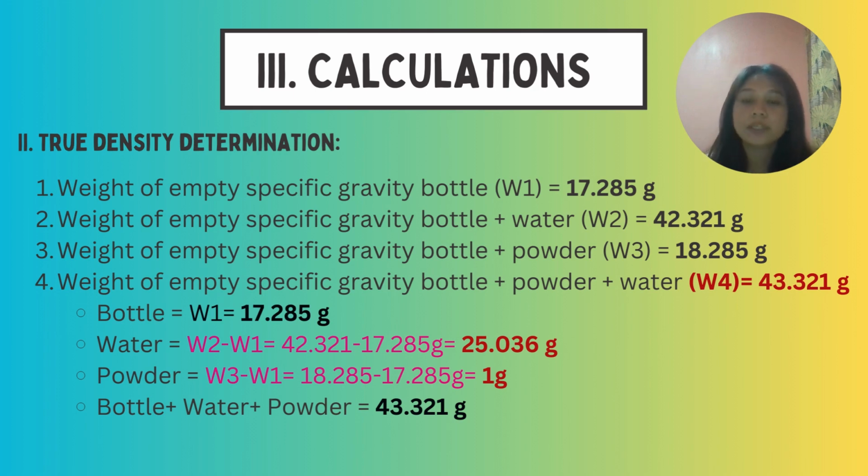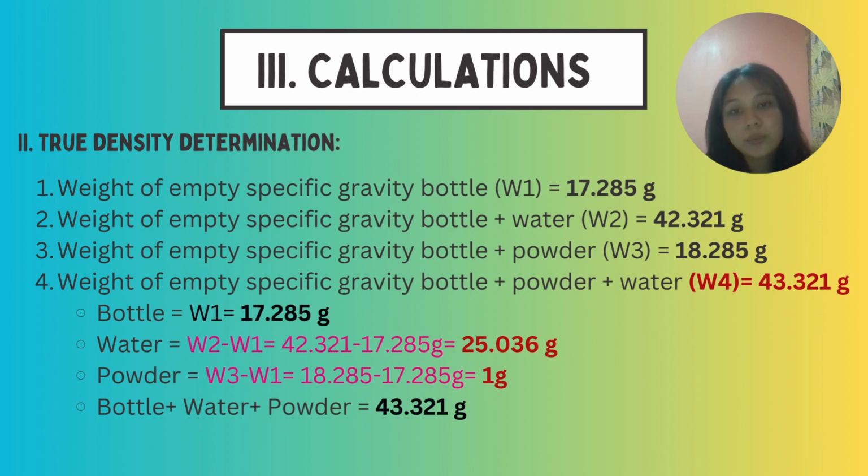And in order for us to get the value of the water, we subtracted W1 from W2, which have the value of 42.321 minus 17.285, which equals 25.36 grams for the water.